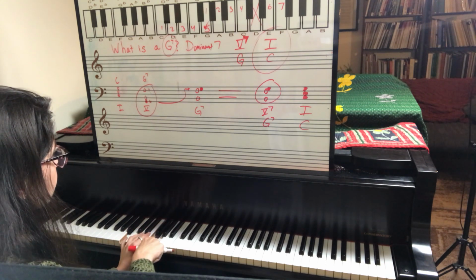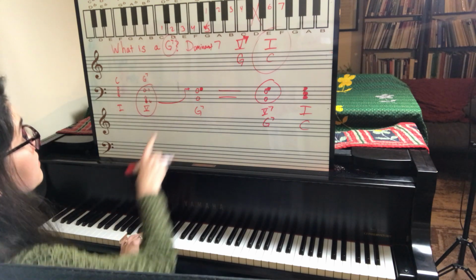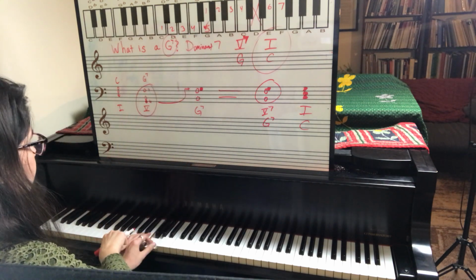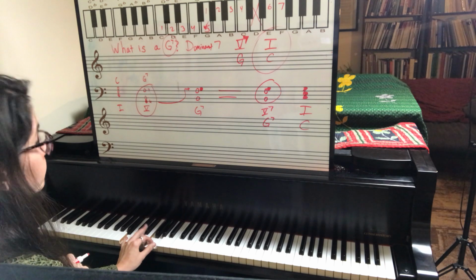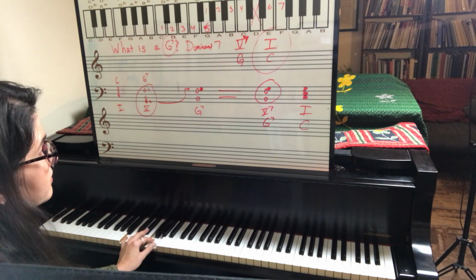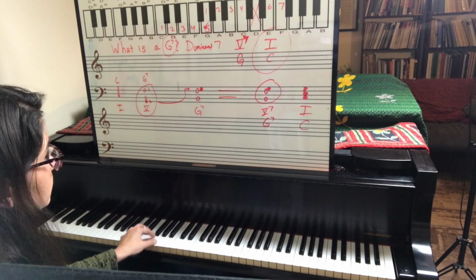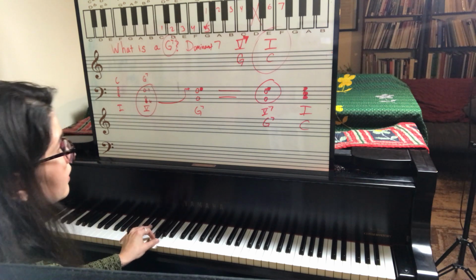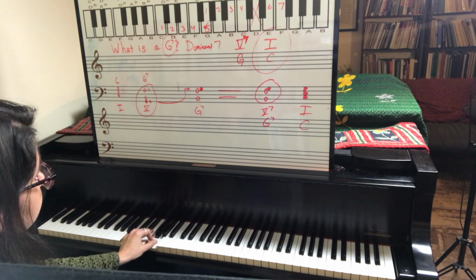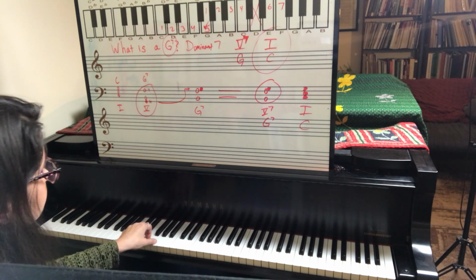G is the name of my chord. B is the third of the chord. I got rid of D, and here's F, which is the 7th of my chord. Here's my G7, and it's going to go easily back to C, my tonic, my 1.